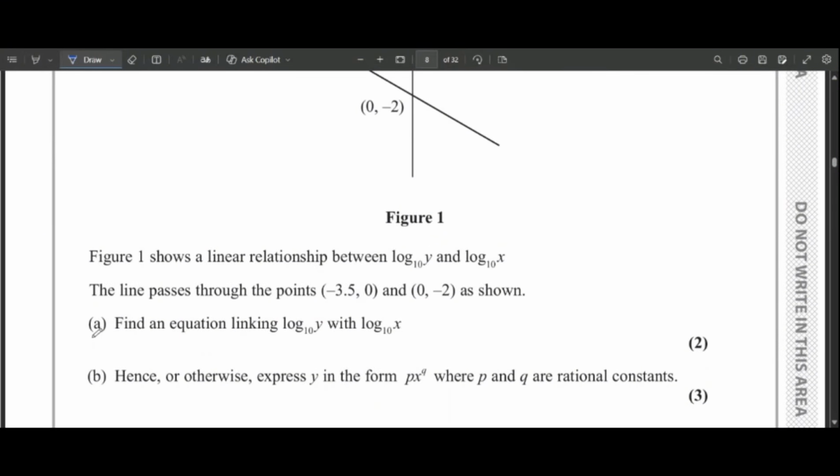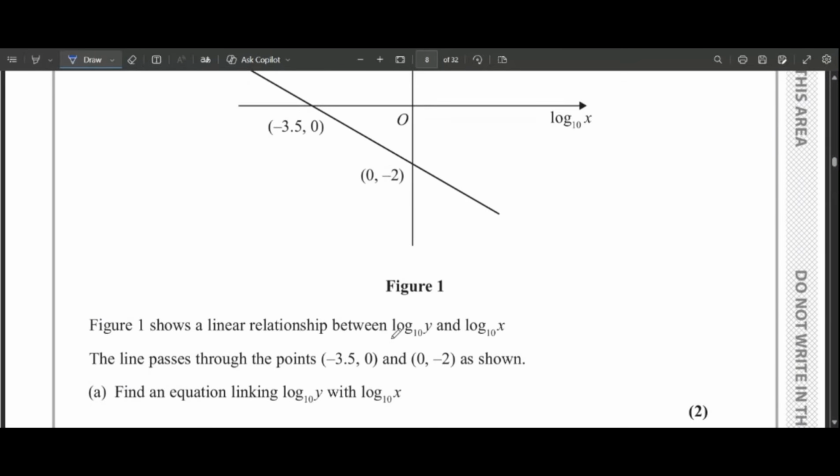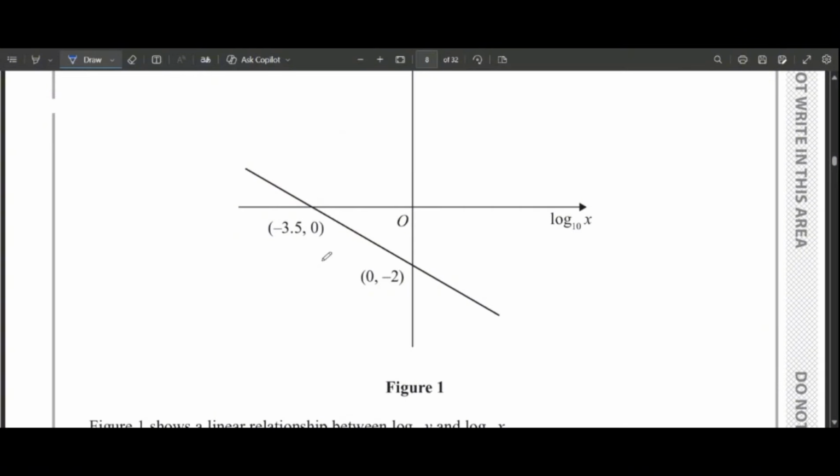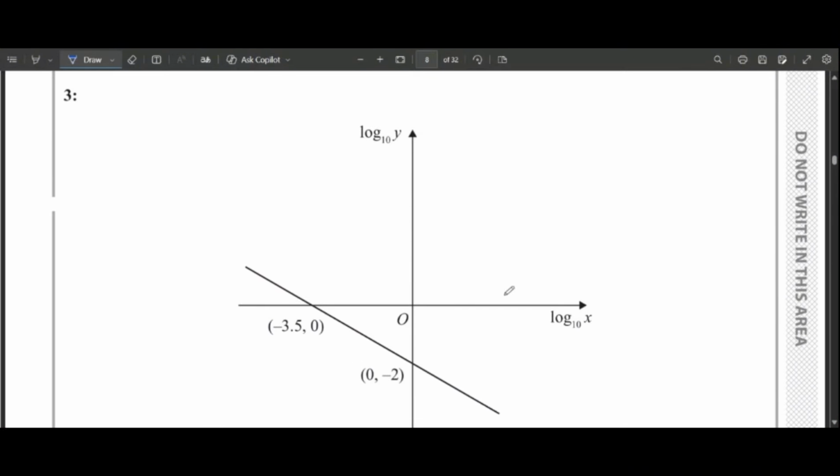Now for part A, we are told to find an equation linking log10 y with log10 x. So we can just try to find the equation for this straight line. If we find the equation for the straight line, we can relate log10 y and log10 x.